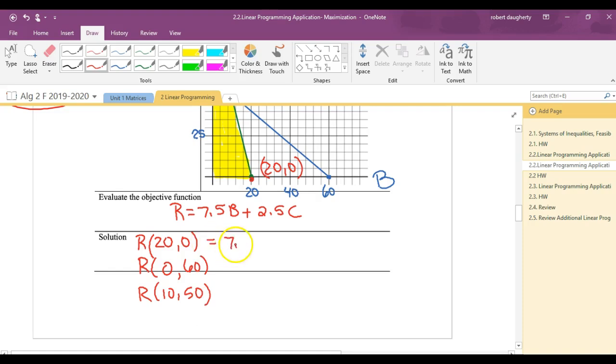So this is 7.5 times 20 plus 2.5 times 0. This is 150.